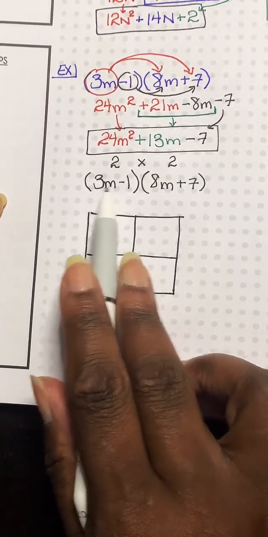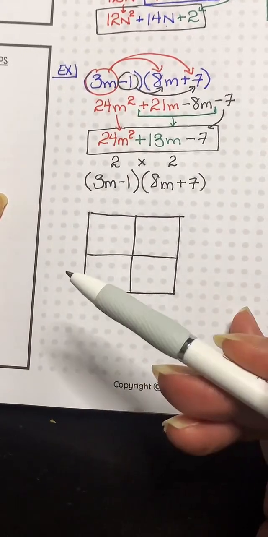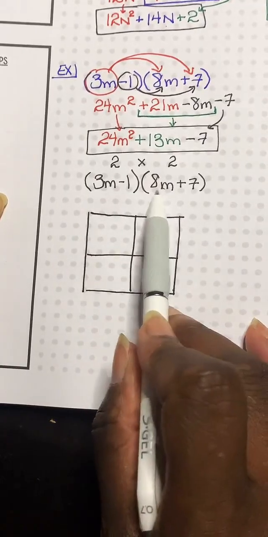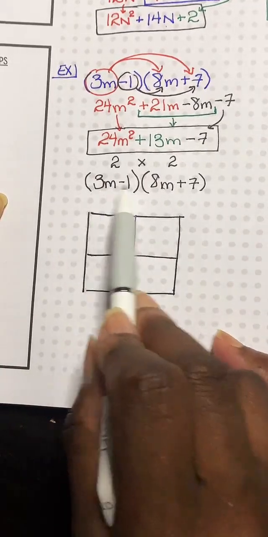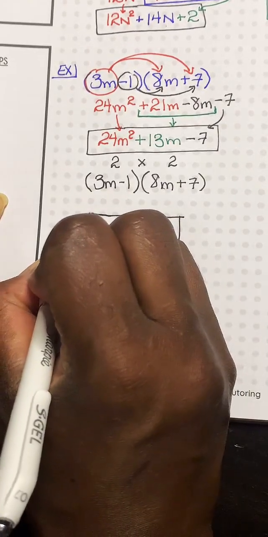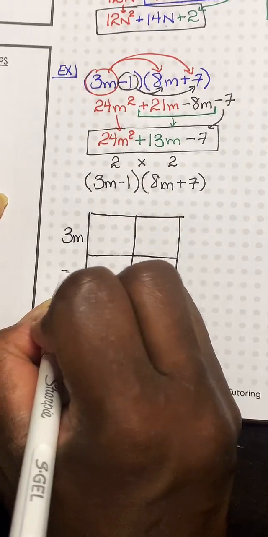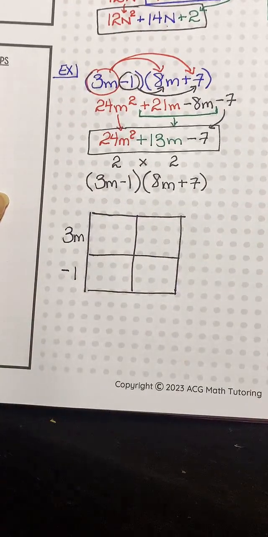The first term, I like to put on the side, but it really doesn't matter. You can have this term on the side here, or you can have this term up top here. Me personally, I kind of like to keep a flow, so I take the first parenthesis and put it along the side.